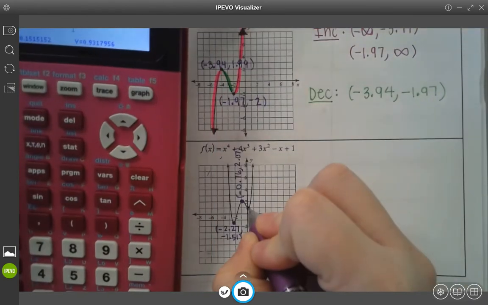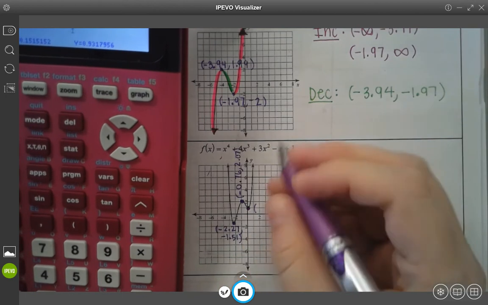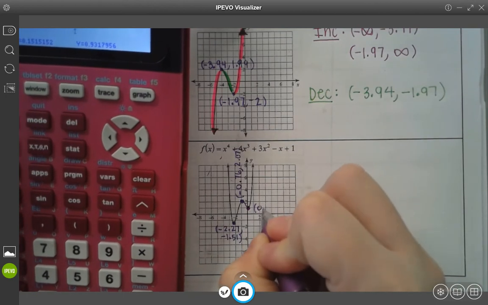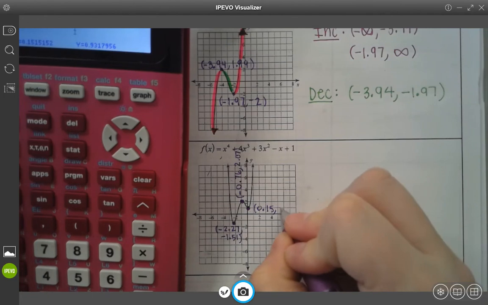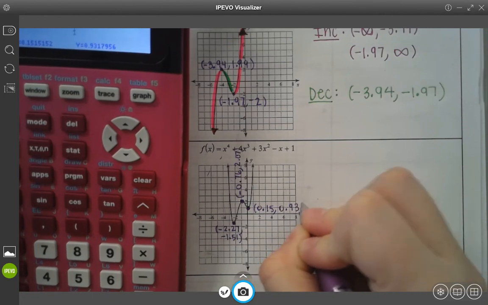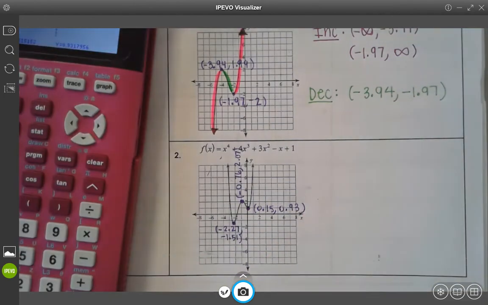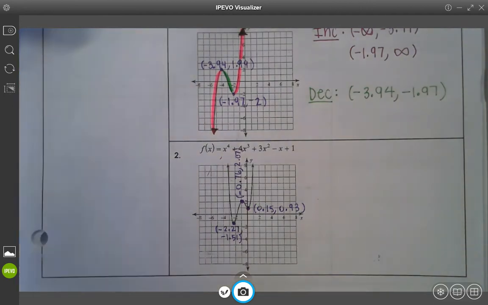So that's going to be 0.15, comma 0.93. And then once you get those points drawn in, trace over your increasing and decreasing.